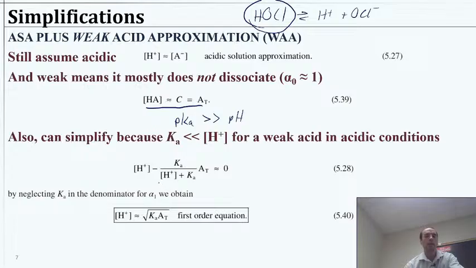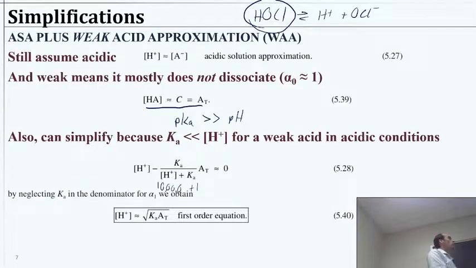A good way to think about this is if this was 10,000, and Ka was 1, 10,000 is a lot bigger than 1, so it's kind of like that 1 doesn't matter. If you take it away and don't calculate it, it's really just one distant decimal place change, and it's not going to affect our calculations, right?